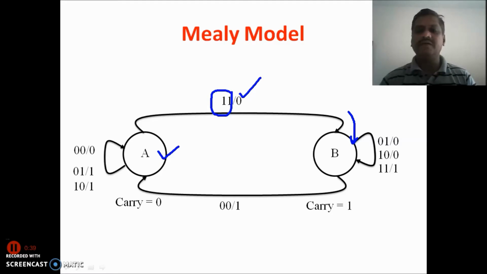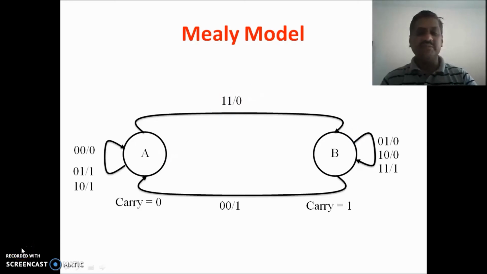That's why the number of states equals the things we have to memorize. In the serial adder, we have to memorize the carry, and carry has two possibilities, carry equal to 0 and carry equal to 1. That's why we have only two states.